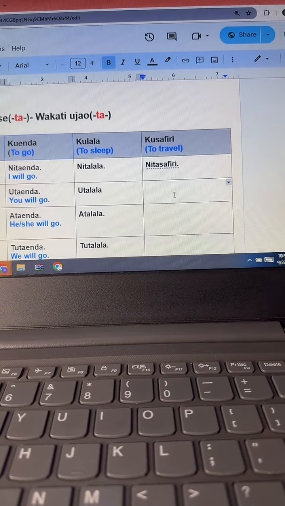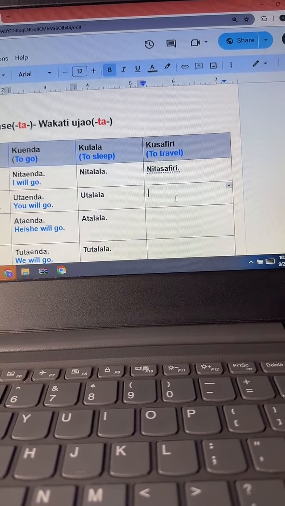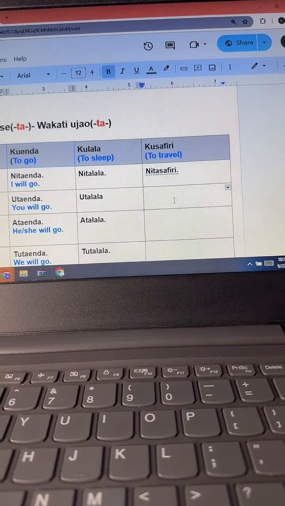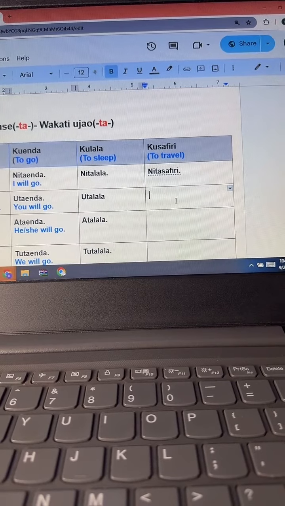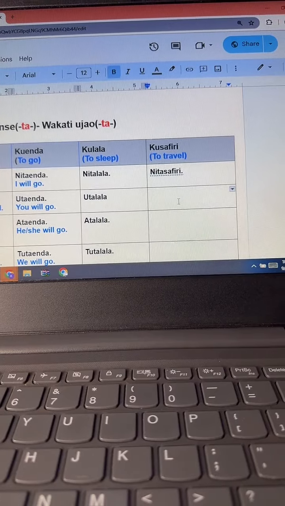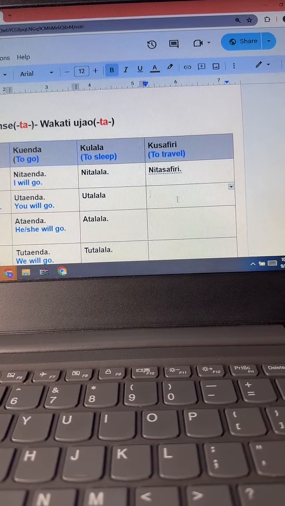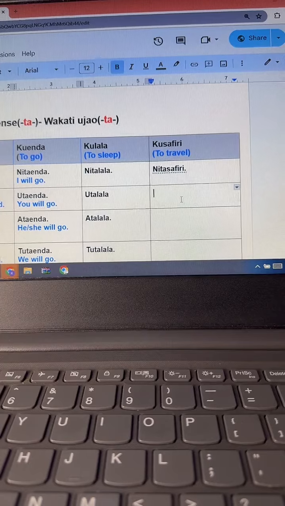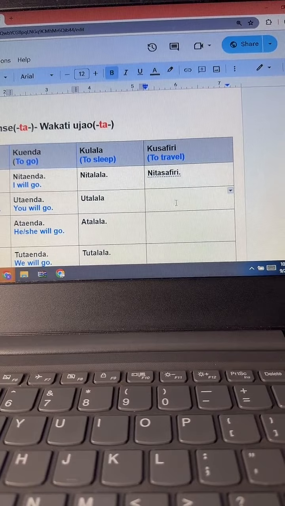So just say utasafiri. Atasafiri is yeye. Utasafiri vizuri.